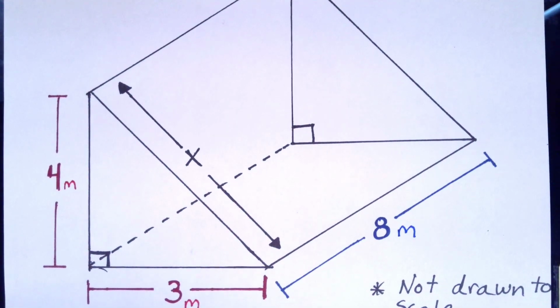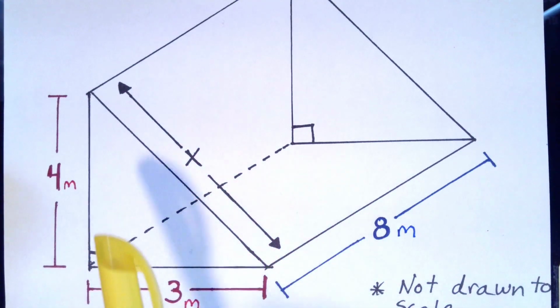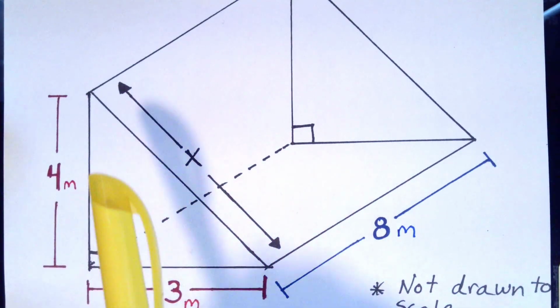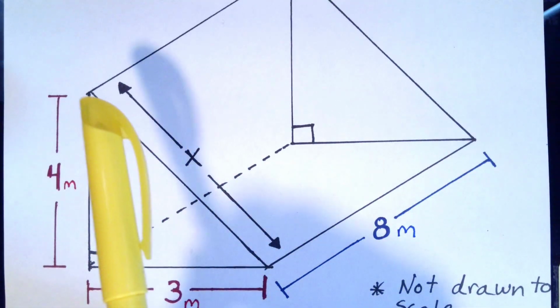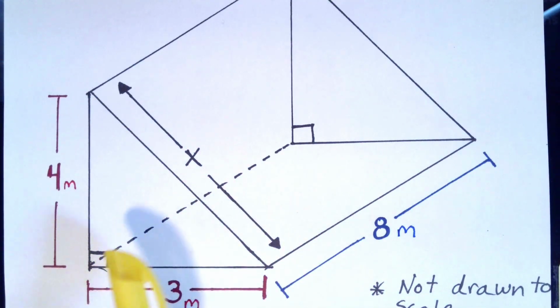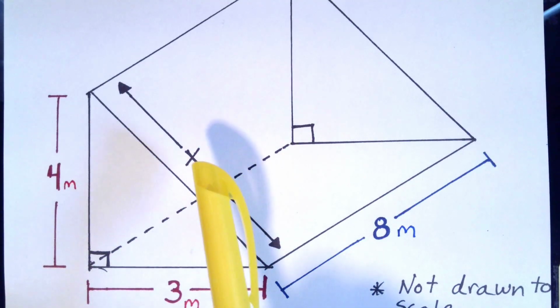All right, so again, we have the base of this right triangle as 3 meters. You can see that here. We have the side leg of that triangle, 4 meters. And we've already discussed and determined the side opposite the right angle, the hypotenuse, X, is equal to 5.